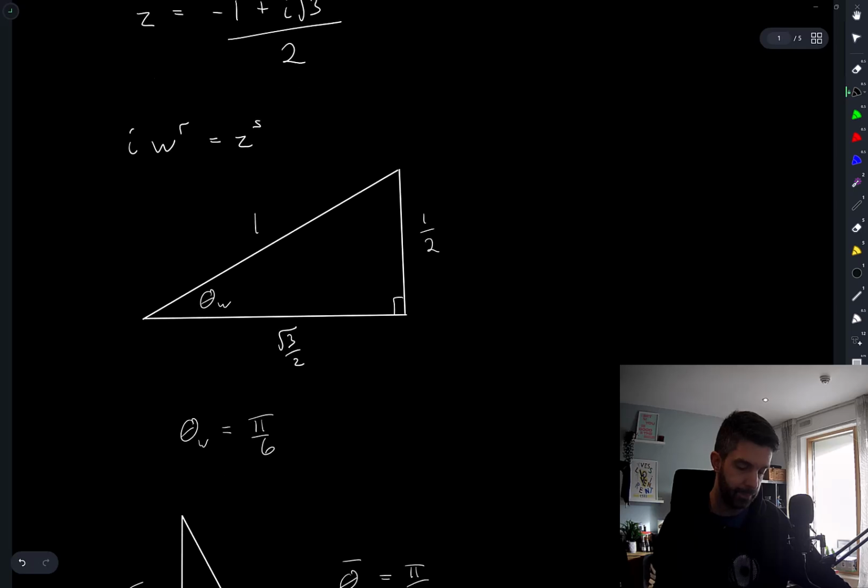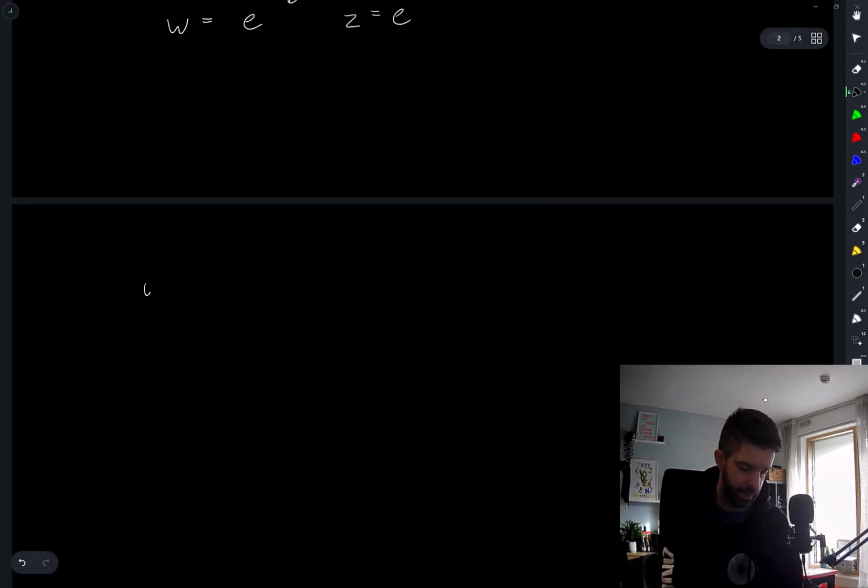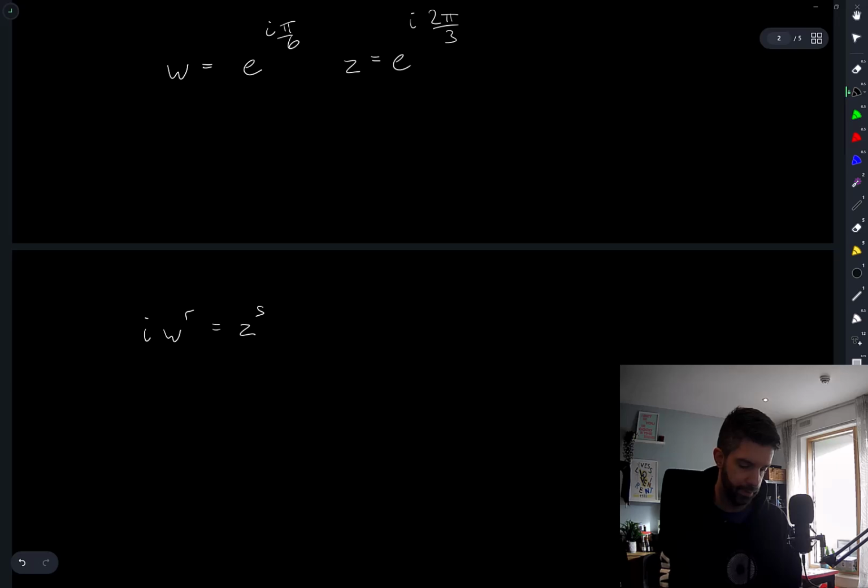Okay. Need to take that into account. So let's just write out what this equation says. i w to the r is equal to z to the s. So i is equal to e to the i pi over 2. w to the r is e to the i pi over 6 r.